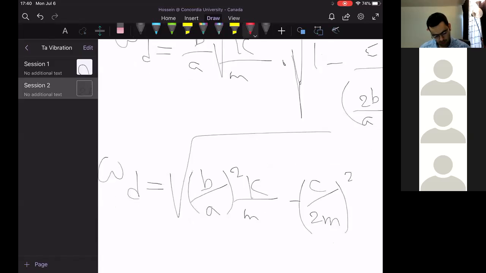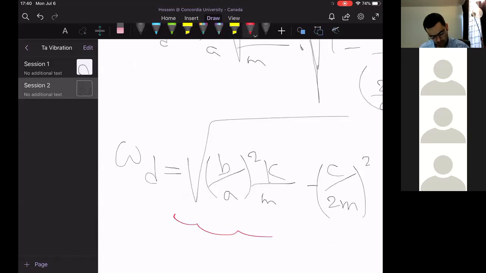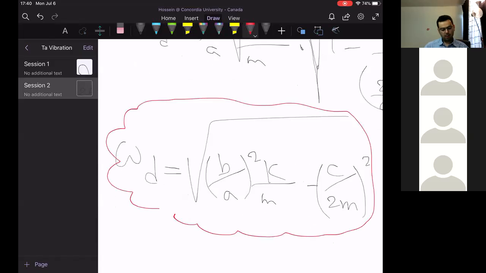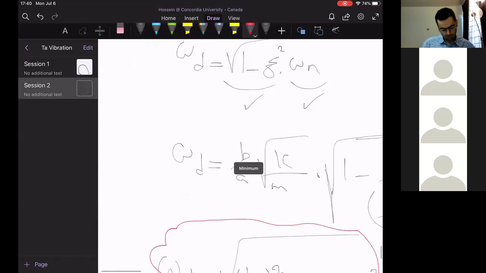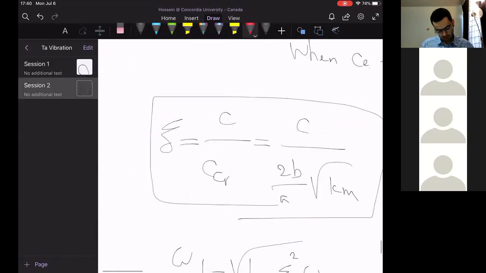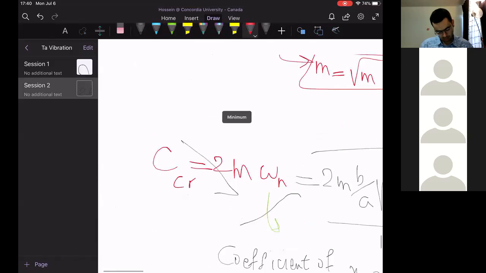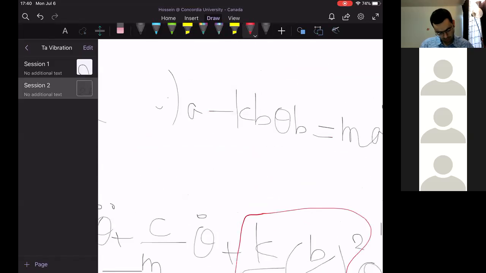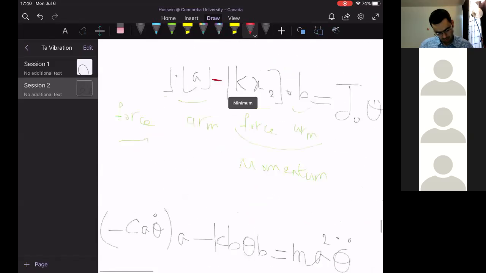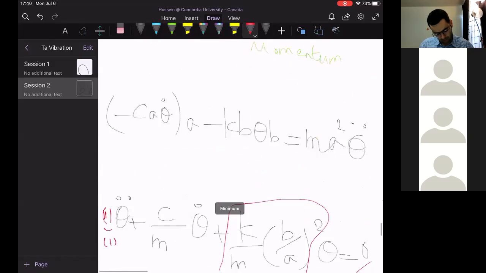As I told you, the first part was deriving the equation of motion, which we obtained here. Then we reach this point.